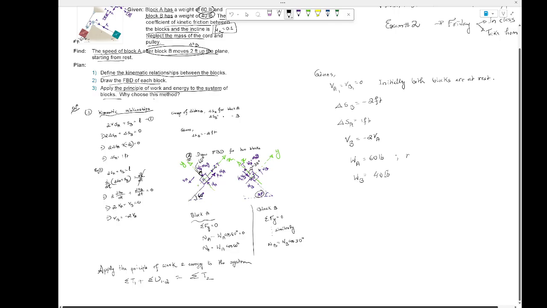So in other words, mA and mB, or mass, should be 60 divided by 32.2 that many slugs. And then the other one would be what? 40 divided by 32.2 slugs.